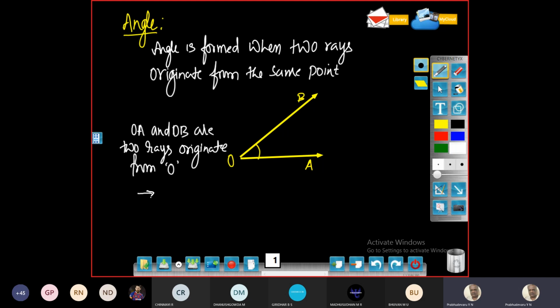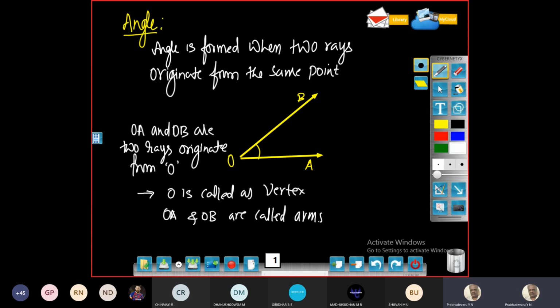Therefore O is called the vertex of the angle, and OA and OB are called the arms of the angle.